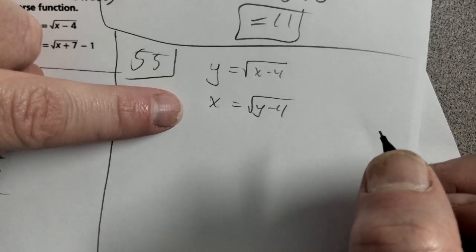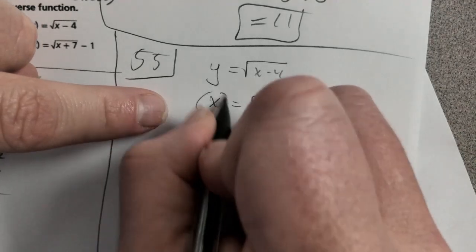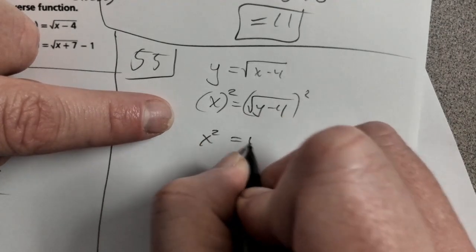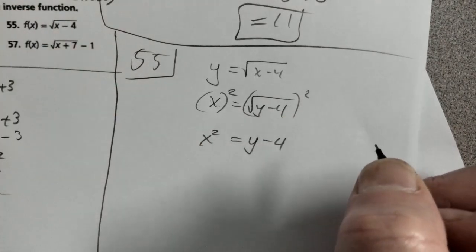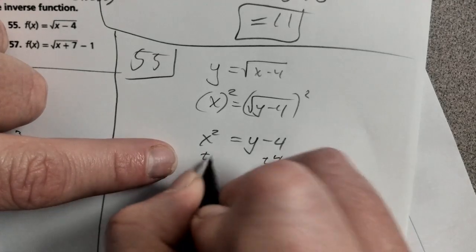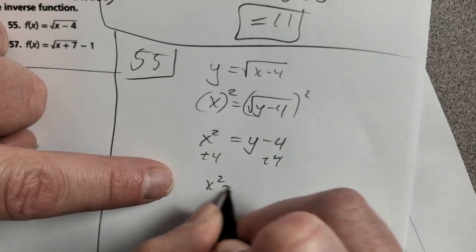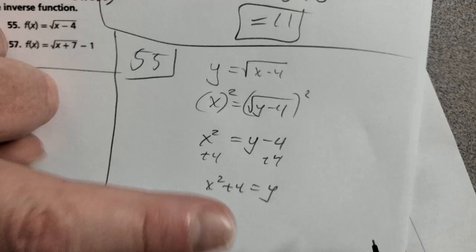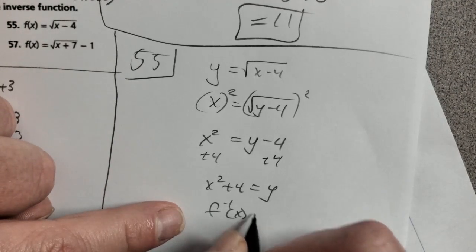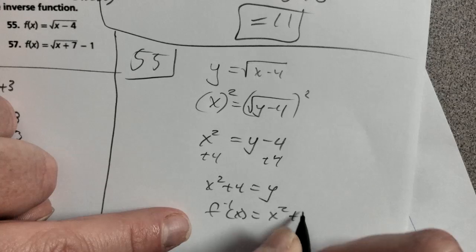Get rid of that radical. Square it. So x squared is equal to y minus 4. Last step, add 4 to both sides. So x squared plus 4 is now equal to y. So our inverse function is x squared plus 4.